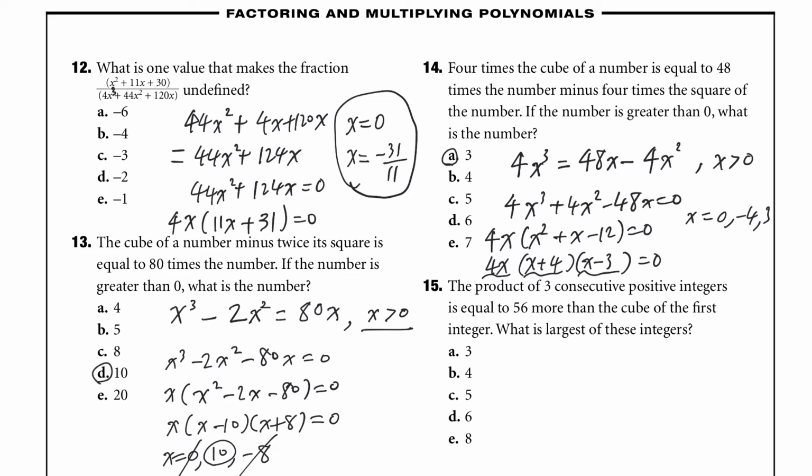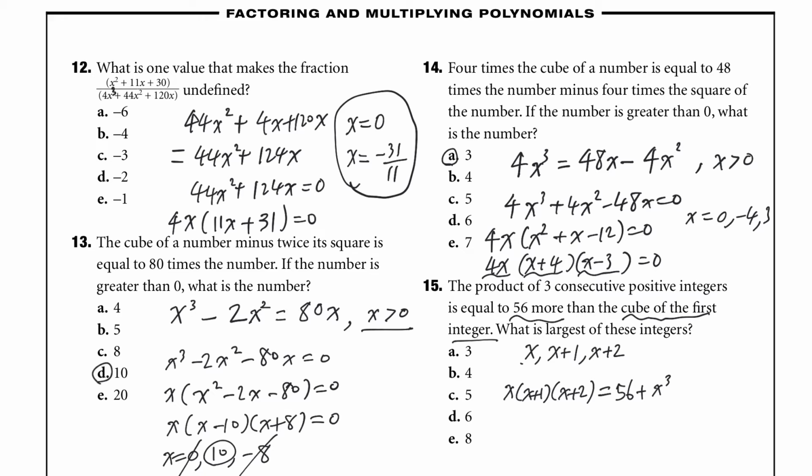So let's just let the first integer be equal to x, then the second integer would be x plus 1, because they're consecutive, and the third integer would be x plus 2. They're saying the product of 3 consecutive integers, so x times x plus 1 times x plus 2 is equal to 56 more than the cube of the first integer. The first integer is x, so x cubed.